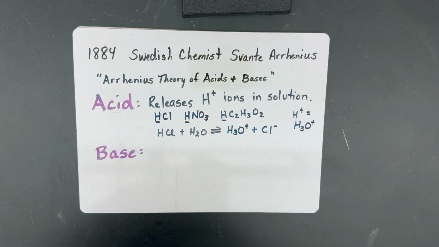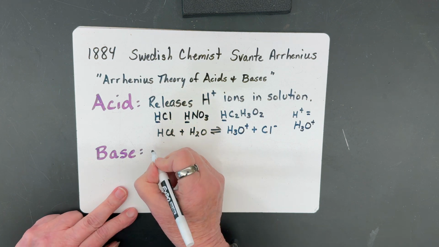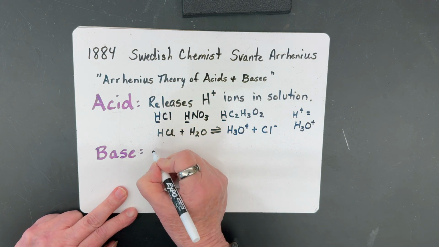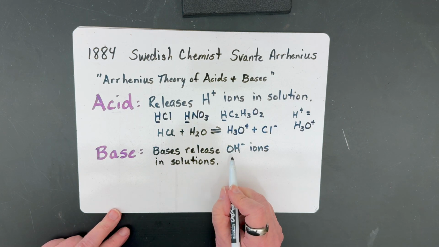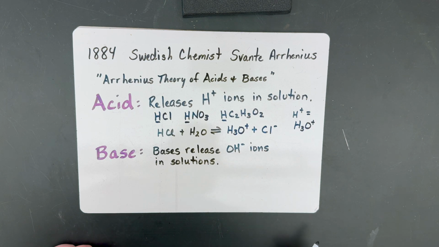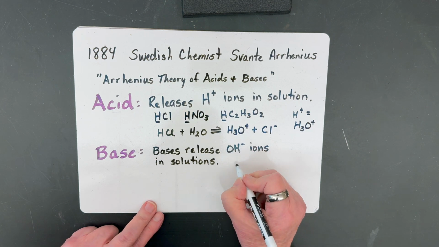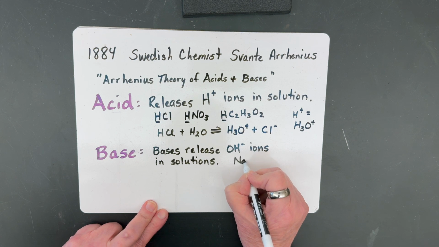For bases, Arrhenius said that a base is something that releases hydroxide in solution. So when you're trying to figure out if something is a base, you need to look for hydroxide ions on the right-hand side of the formula, like NaOH.